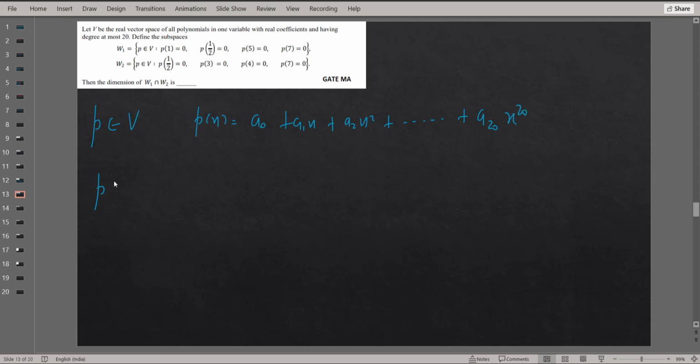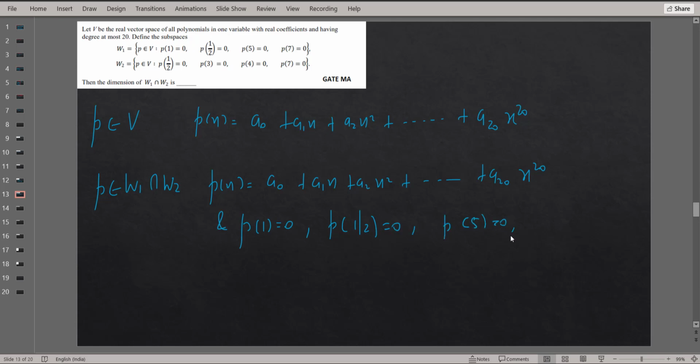Now any polynomial belonging to W1 intersection W2 is of the type P(x) equals a0 plus a1x plus a2x square plus so on, a20 x power 20, and P(1) is 0, P(1/2) is 0, P(5) is 0, P(7) is 0, P(3) is 0 and P(4) is 0, because P satisfies both W1 and W2.